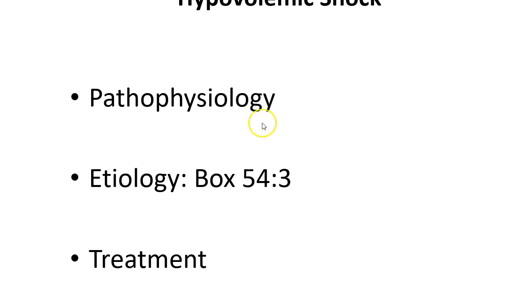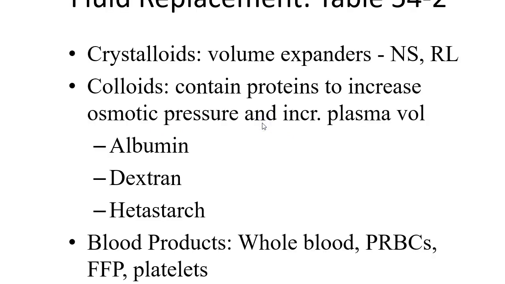So there are various methods of fluid replacement, and depending on the type of fluid loss, there is a table in Chapter 54 as well. So we have our crystalloids, our volume expanders, normal saline or lactated Ringer's. And just a little note about Ringer's lactate.